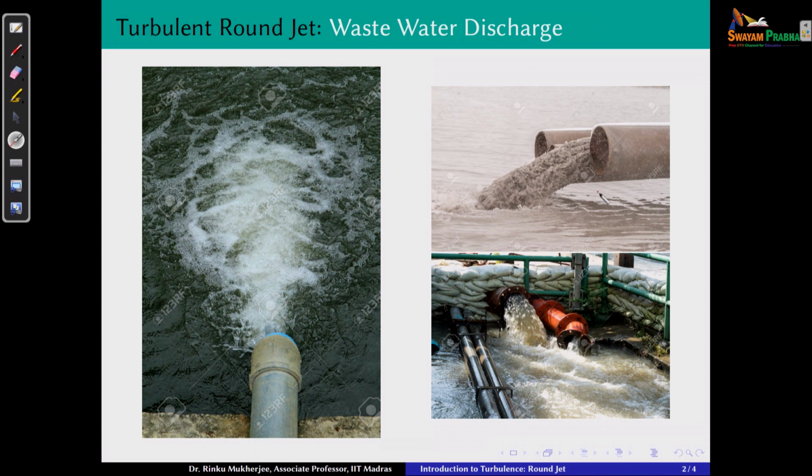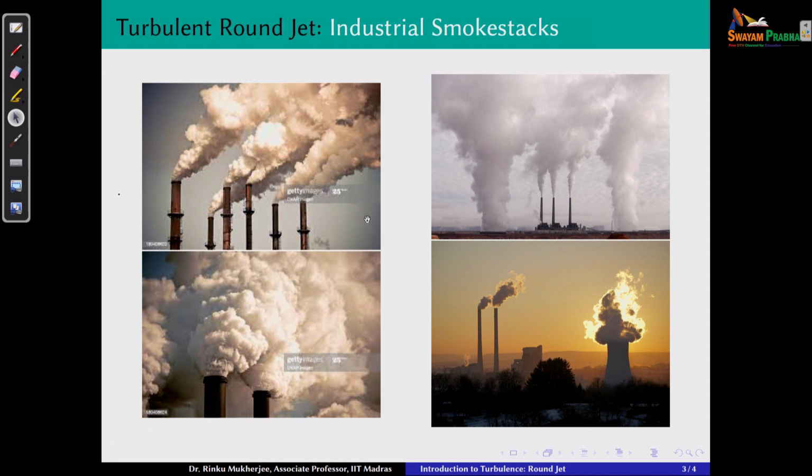All right, going to the next one. We have another example of this, and these are essentially industrial smokestacks. As you can see, look at the flow structures going on here. Again, smoke is coming out of small orifices into the open atmosphere, and you can see the type of flow here.